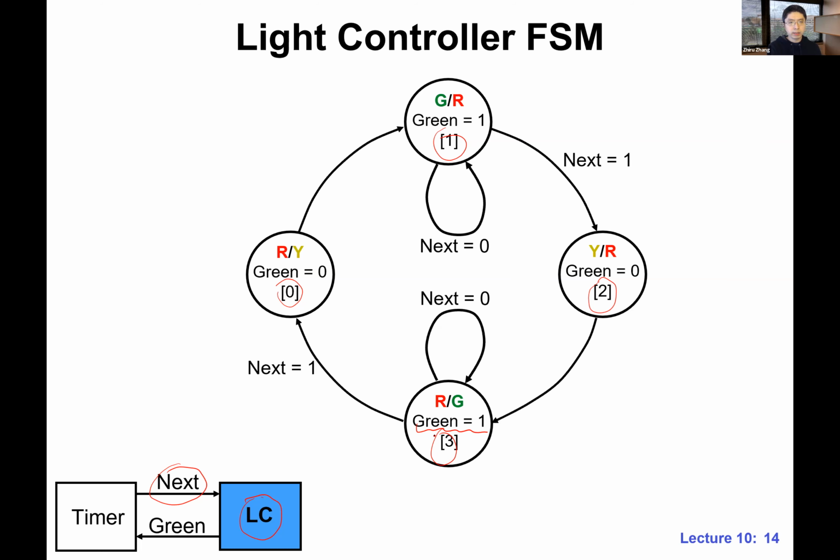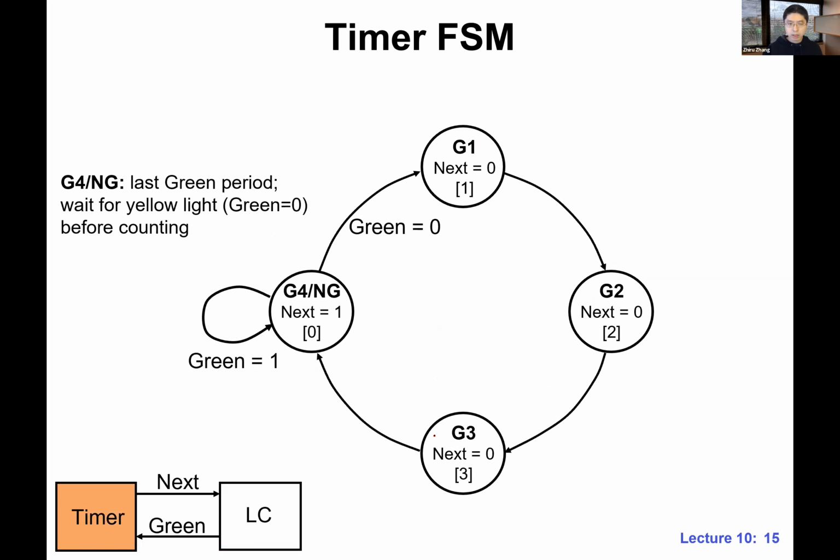All right, so this is the light controller, and this is the timer. The timer is basically doing counting. Nothing is really too surprising. In this diagram, we have unconditional transitions, so we count 1, 2, 3.